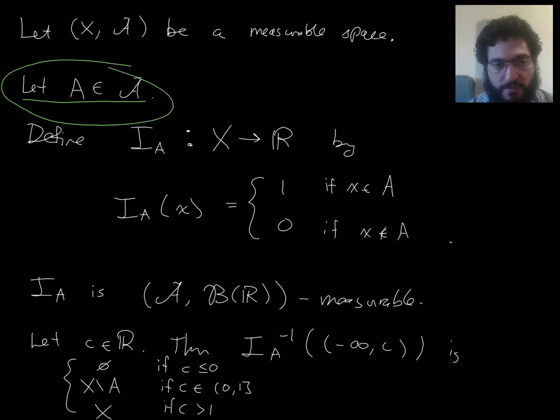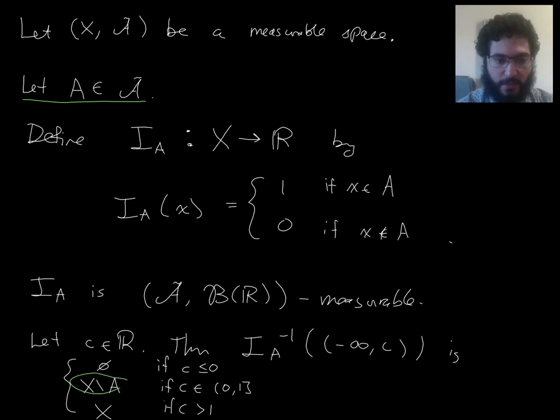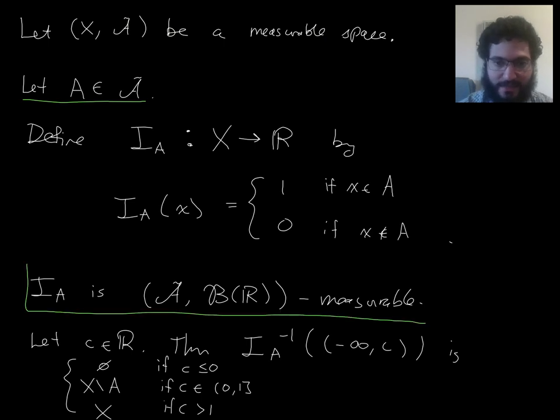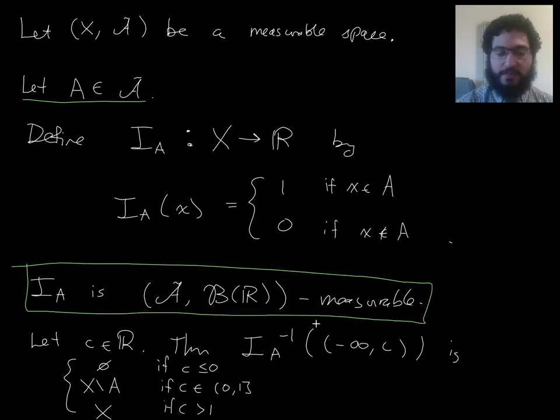If we had just let A be a random subset of capital X, then this wouldn't have worked. The indicator function would not necessarily be a measurable function. But since we assumed A is a measurable set, the complement here is measurable, and we have a nice proof that the indicator function on A is a measurable function.